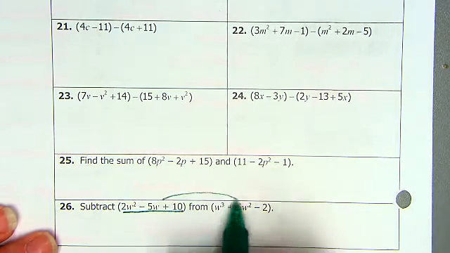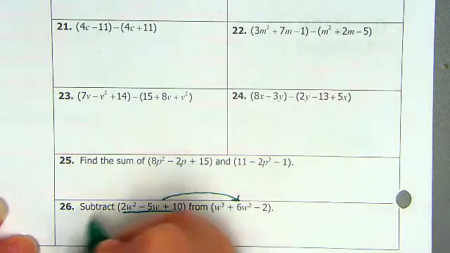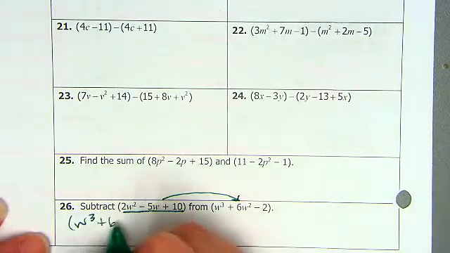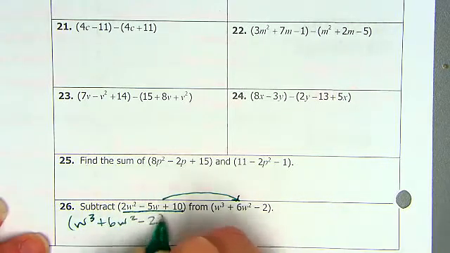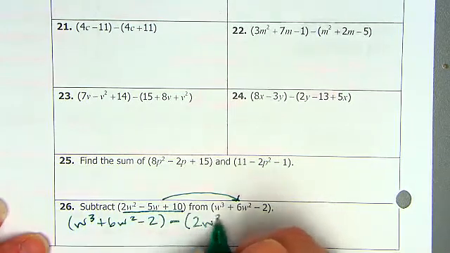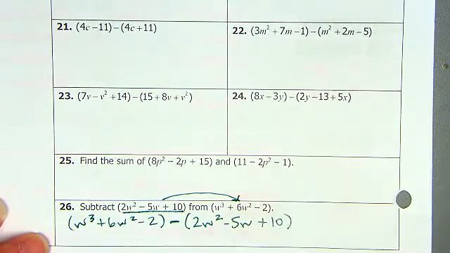That means I've got to flip-flop the order. So I've got to rewrite this, and it's going to become w to the third plus 6w squared minus 2, subtract, parentheses, 2w squared minus 5w plus 10.